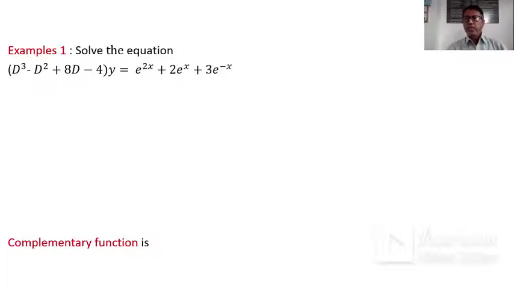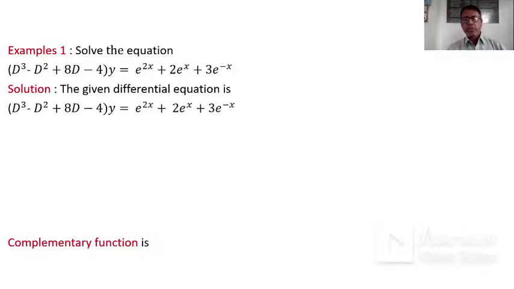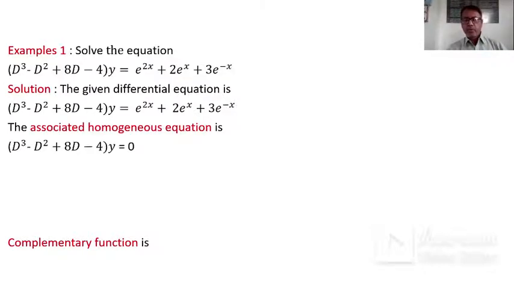First, we find the solution of this associated homogeneous differential equation. In the previous topic, we have seen how to obtain the general solution of a homogeneous differential equation. Now, we consider this given differential equation. From this, we write the auxiliary equation. This is the associated homogeneous differential equation.